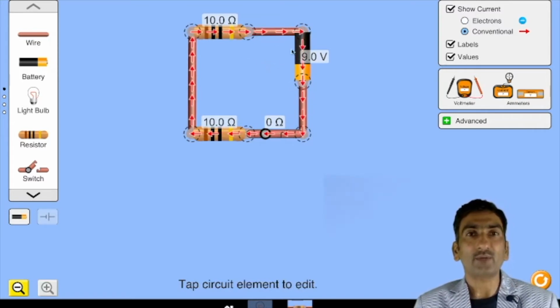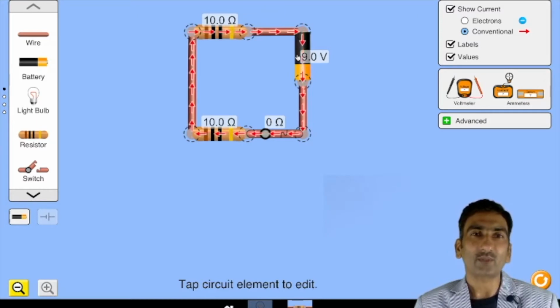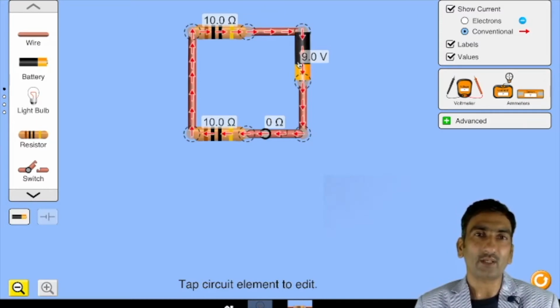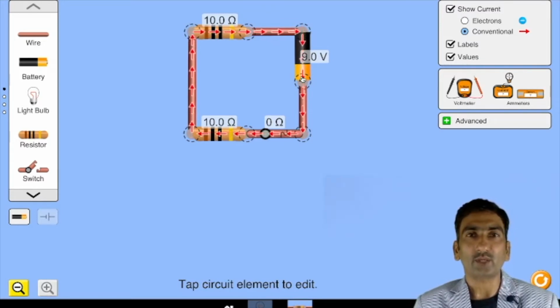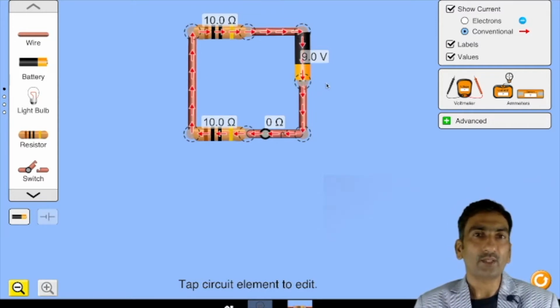The question is, if you have to calculate the current which is flowing through the circuit, how will you solve it? Simply you can use Ohm's law, that is V equals IR, and you have to calculate the current. V is the 9 volt battery. What is the effective resistance of this circuit?